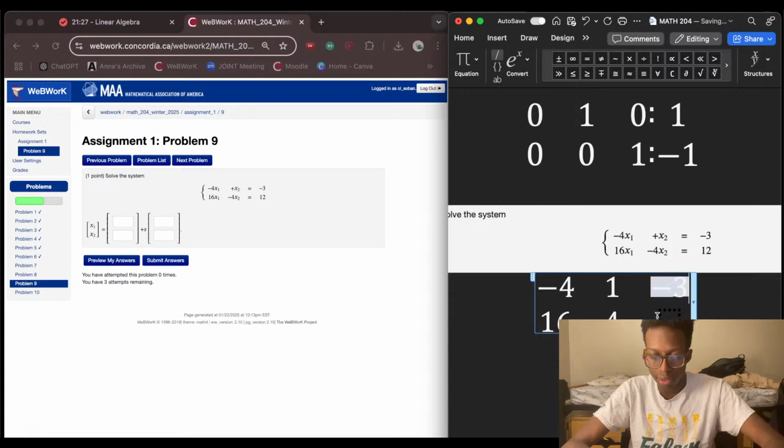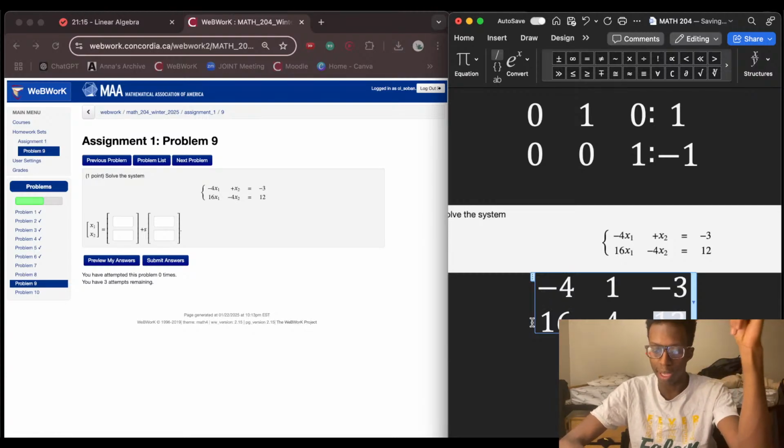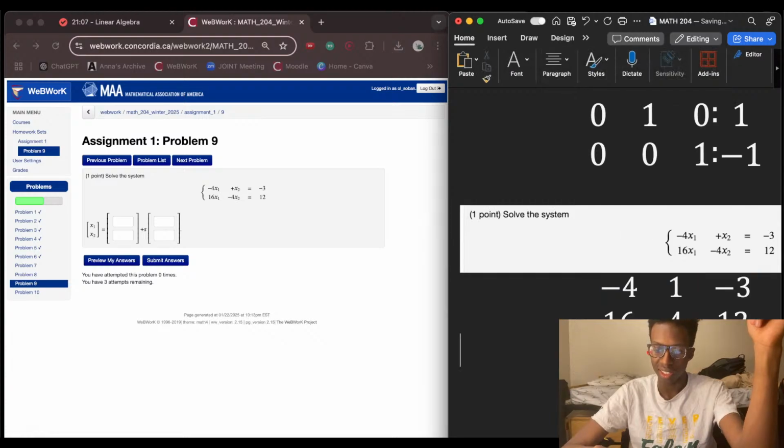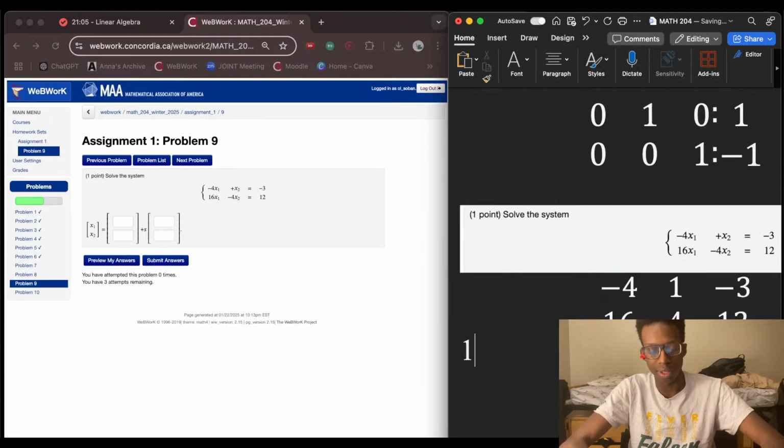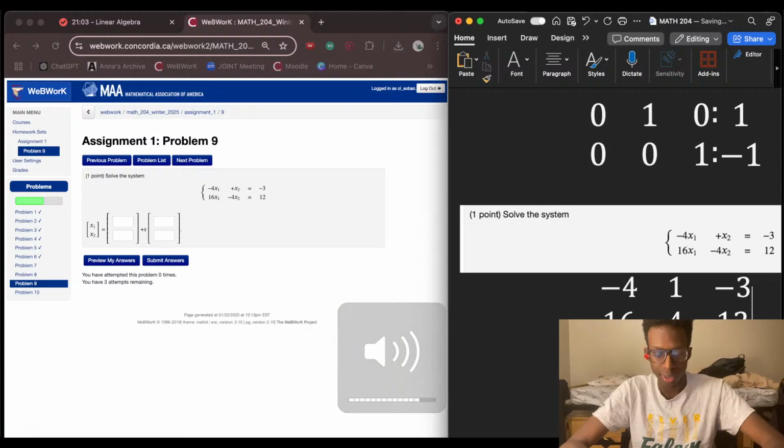So then this is negative 3, and then this is 12. So then you would multiply this by, yeah, just flip it. You could flip it on the top, and then go, yeah, so you go 16.